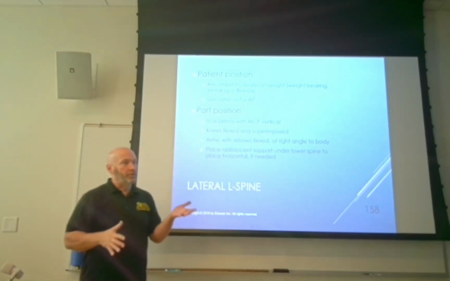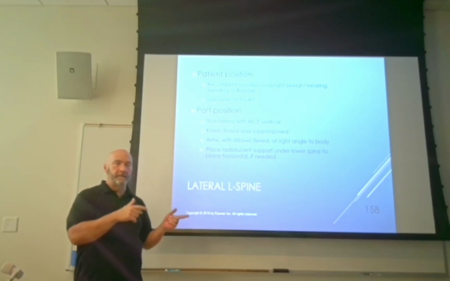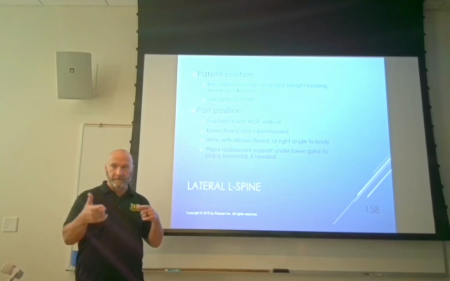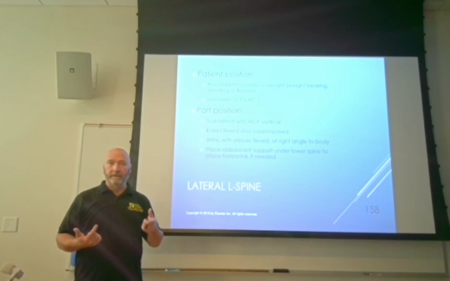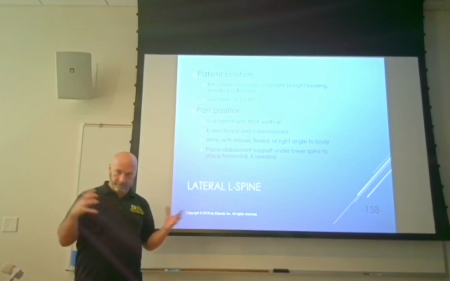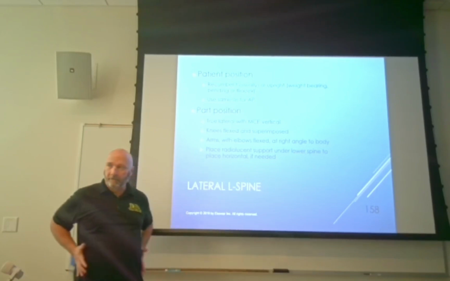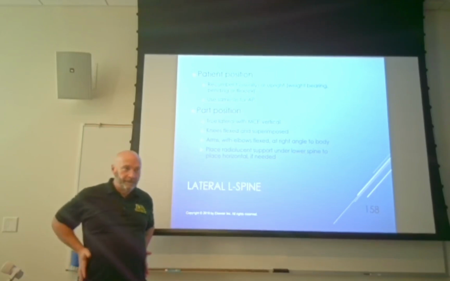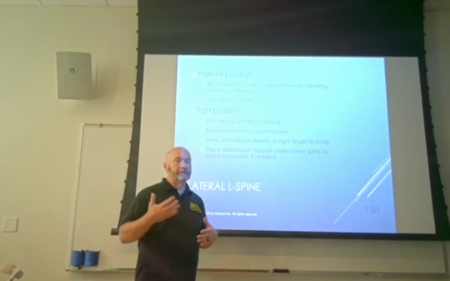So the angulation on the L-spine is going to be, again, according to the textbook, 7 degrees caudal in women and 5 degrees caudal in men. Men's hips tend to be less broad, right? The difference between your hips and your waist is less significant.